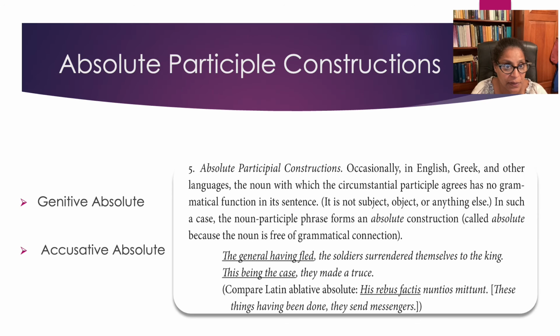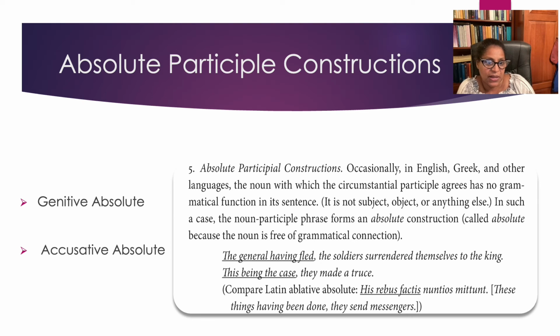Okay. Now, as in Latin, there are absolute constructions. In Latin, you only have the one, the ablative absolute, but in Greek, you've got two. Of course, in Greek, you've got two. Why not? So we've got two absolute constructions. One is a genitive absolute, far more common, the one that sort of maps onto the ablative absolute in Latin, and then you have the accusative absolute.